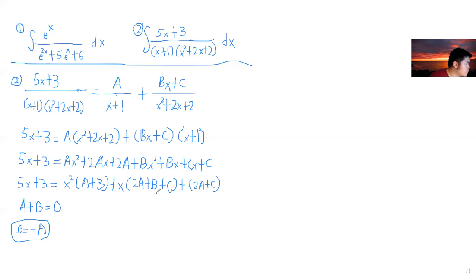And 2a plus b plus c equals 5, since they both have the x coefficients. A plus c is 5. C is 5 minus a.